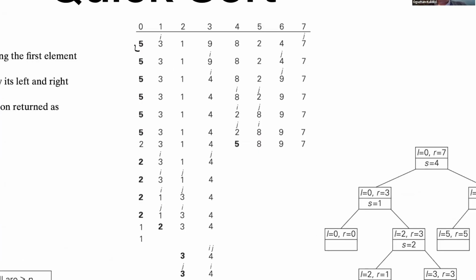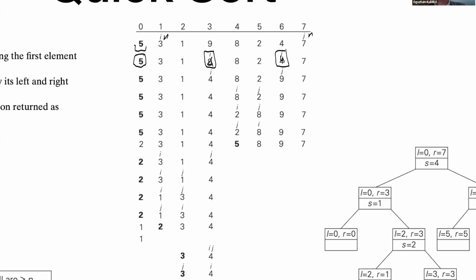So this is my pivot element, this is I and this is J. I will keep going until I hits a position greater than 5 and J hits a position less than 5. You see, here I points to 9 and J points to 4. Whenever I hit such a situation, I need to swap the values. So 4 comes here and 9 comes here.